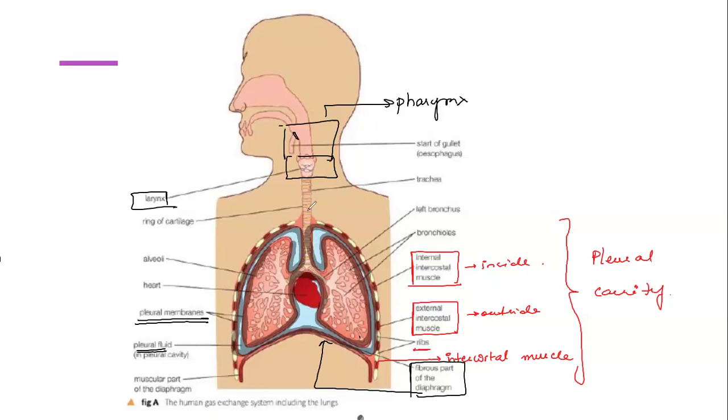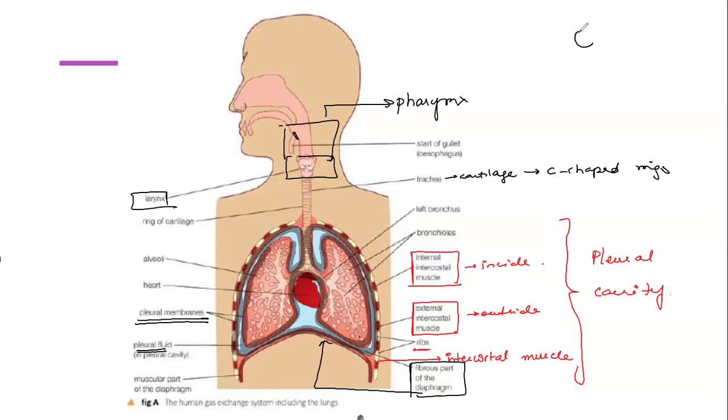The tube is made up of cartilage, and the cartilage has a very special arrangement. The cartilage in the trachea is arranged in C-shaped rings.